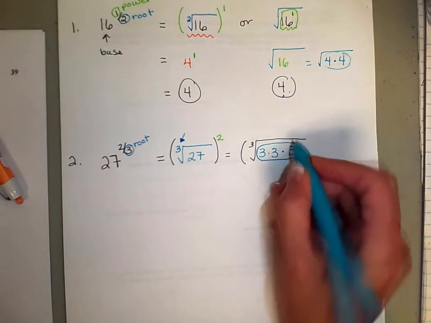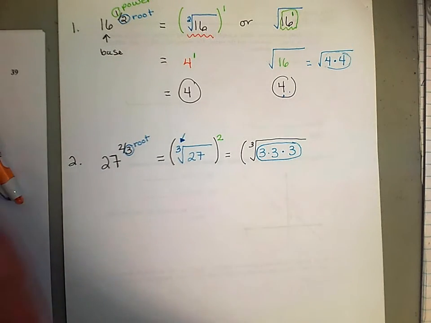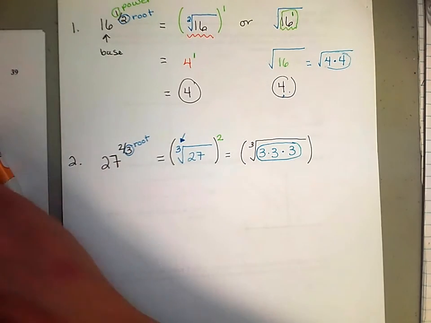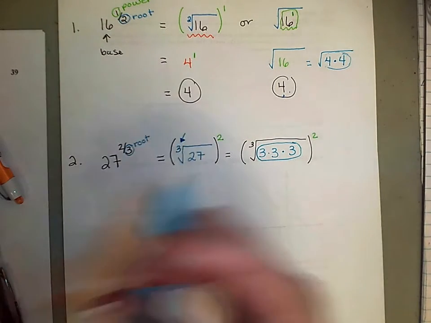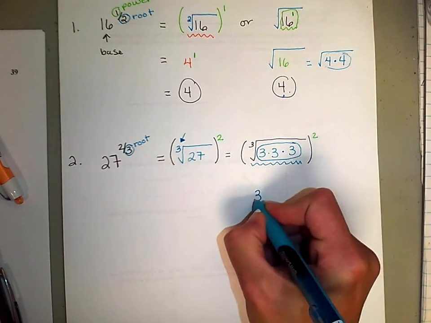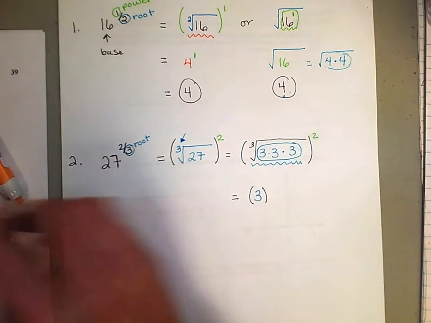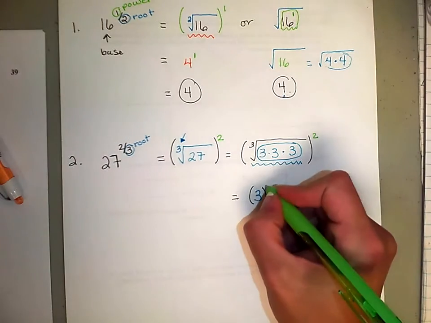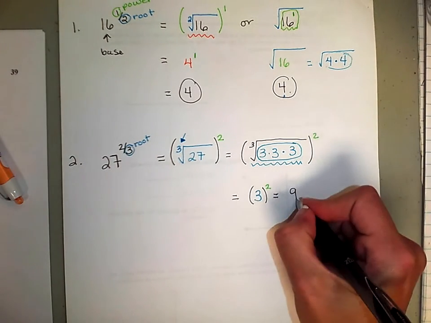And here I have a group of 3 3s, which means that the cube root of 27 is 3. This quantity is still squared, so we still have to square that quantity, which then equals 9.